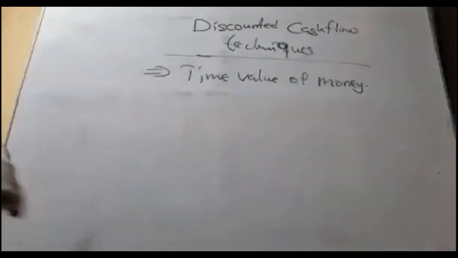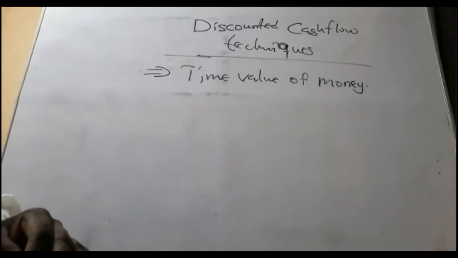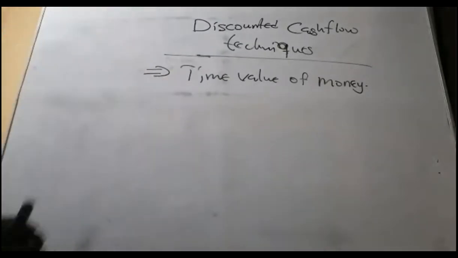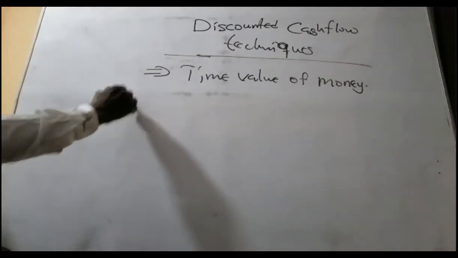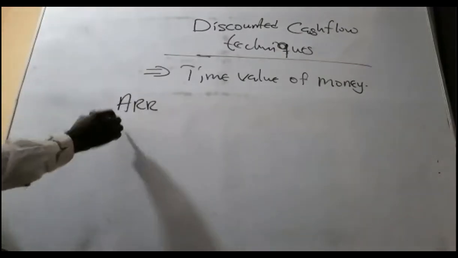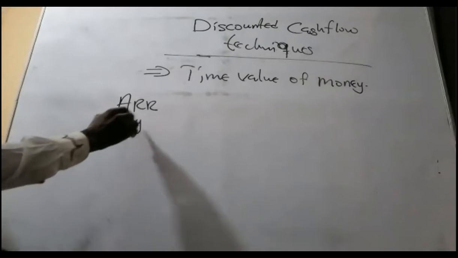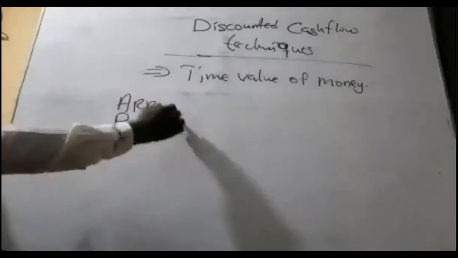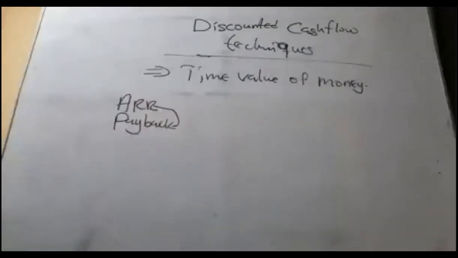The first 2 approaches that we have to look out for do not consider the time value of money. So it serves as a disadvantage for the first 2 methods. What are they? The accounting rate of return and the normal payback period. Their major challenge is that they don't take into consideration the time value of what?